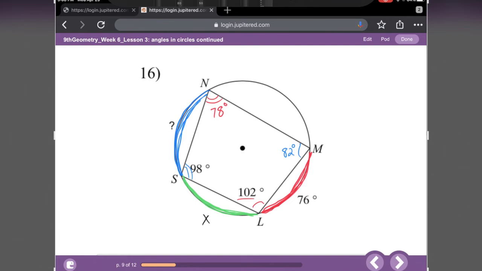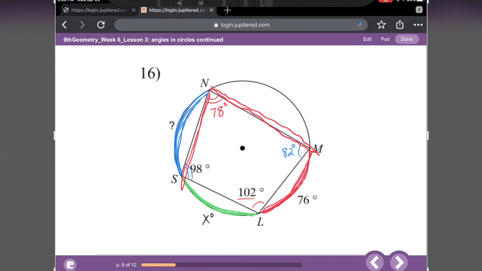Let's call this x. Kind of like the last time, if we find an angle that's standing on this arc, or part of it, then we can figure out what x is equal to. Take a look at this inscribed angle all the way on this side. You see the angle of 78 degrees? So that has to be twice the amount of x plus 76.